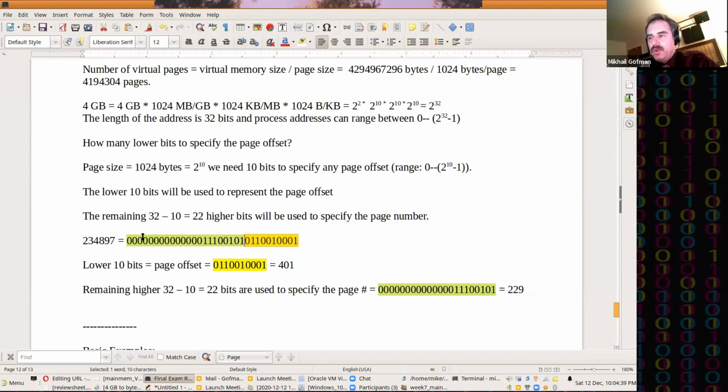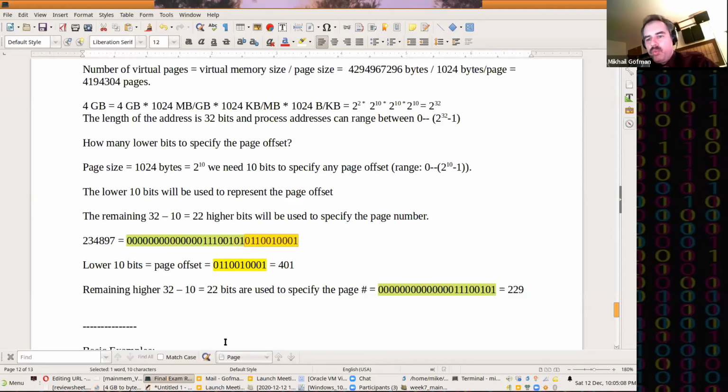So if you know the address length and how many bits you need for the offset, to figure out how many bits you need for the page number, you simply subtract the number of bits for the offset from the address length. This gives you the remaining higher bits, and those higher bits will be used to represent the page number.